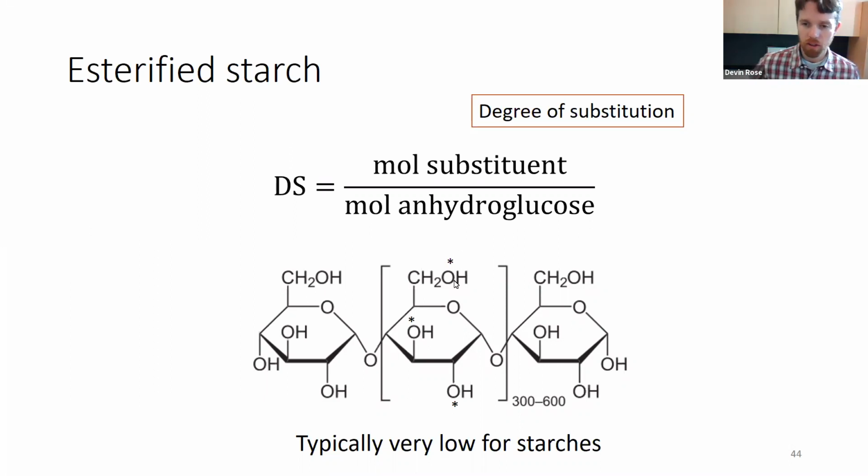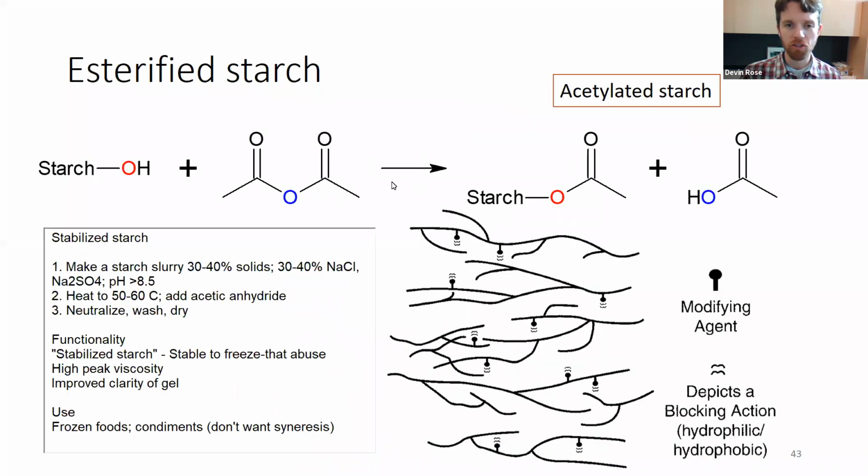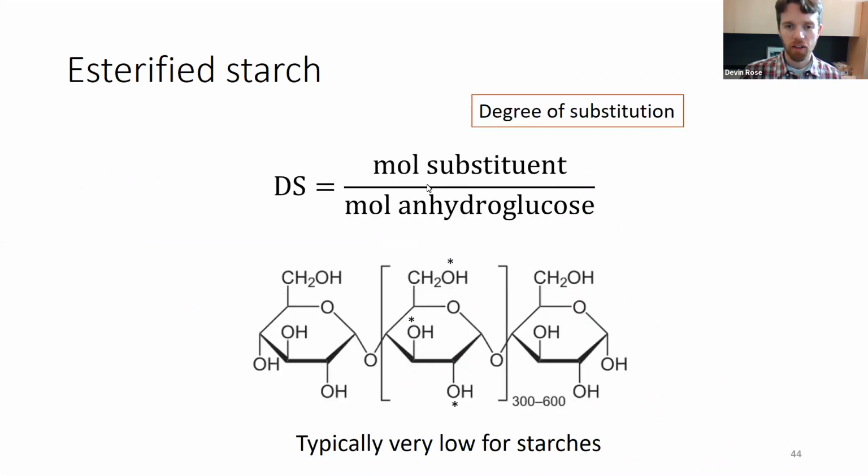And so the degree of substitution is a term that describes how many of those acetate groups, or any substituent that you're adding to starch, are attached to the starch. So it's just the moles of the substituent. So for this starch, it would be the moles of acetate groups that you have per mole of anhydroglucose.